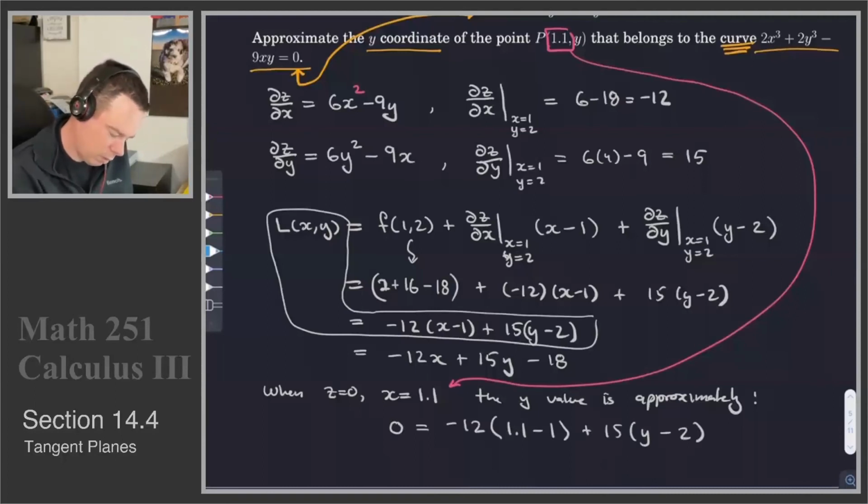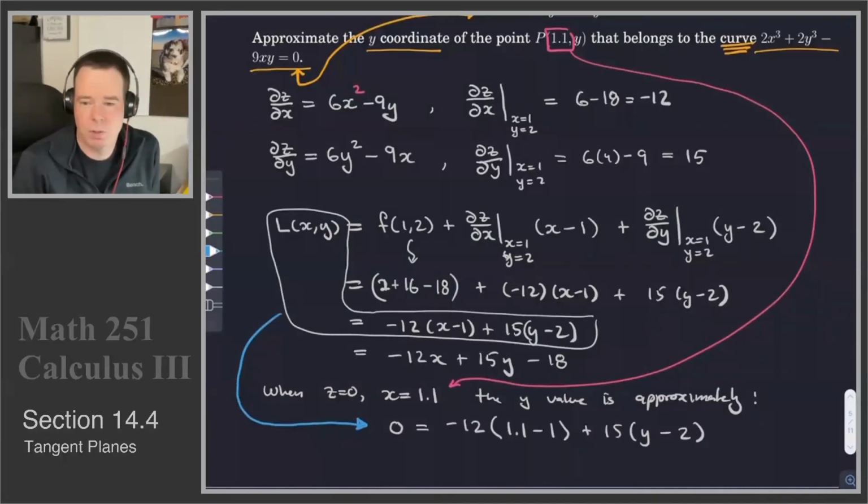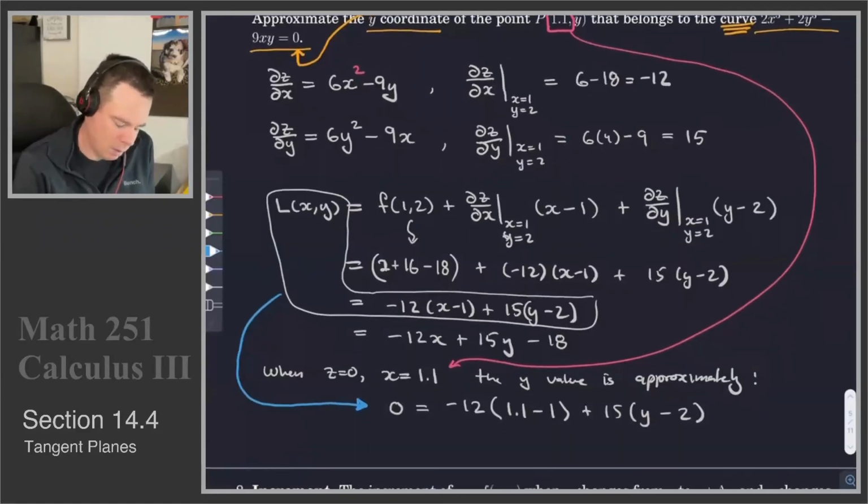So I took the linearization and I said that's a good approximation of our surface. And so it's a good approximation of how our surface intersects the xy plane. So I'm going to look at how this linearization intersects the xy plane, because that's going to give me an approximate value for y.